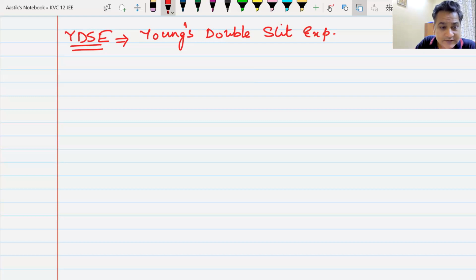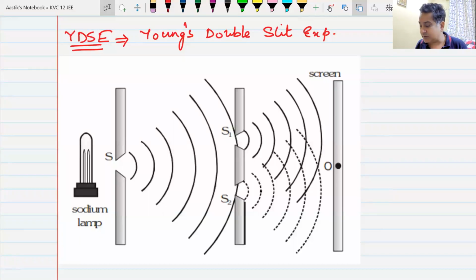So we have this arrangement, known as the arrangement for Young's double slit experiment. I think you are going to do the same experiment in your school. It looks like this. You may not have to draw this, you just need to understand how it looks.